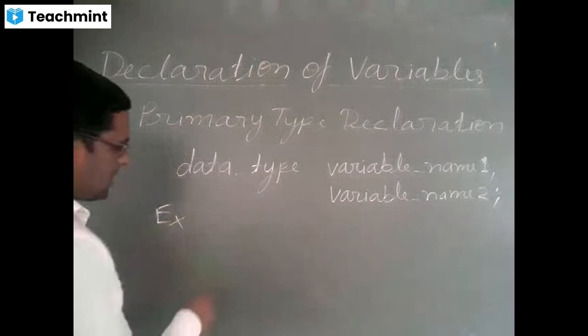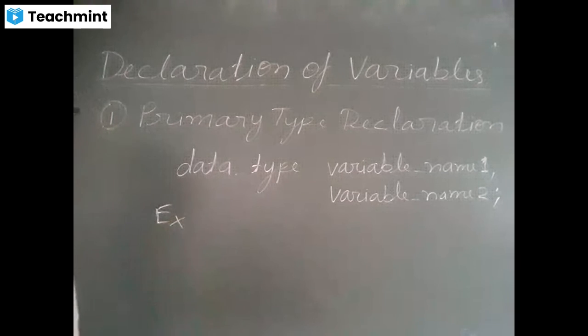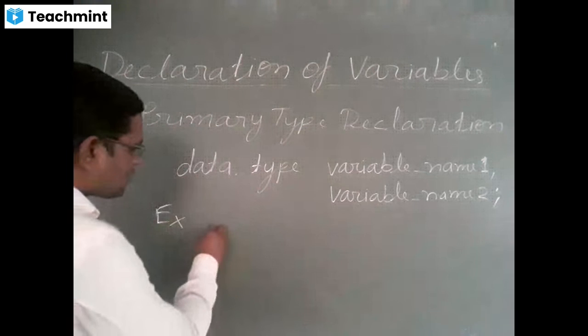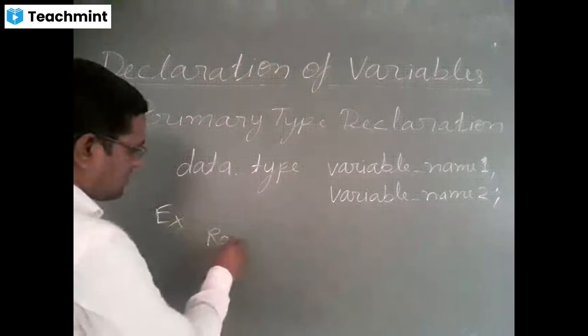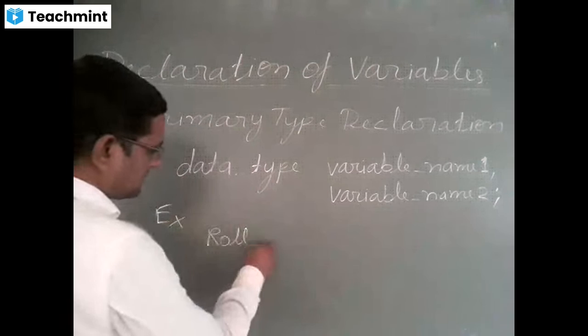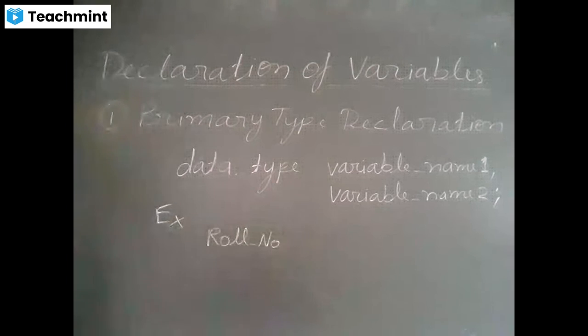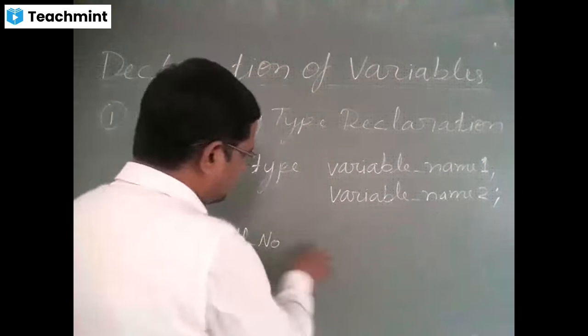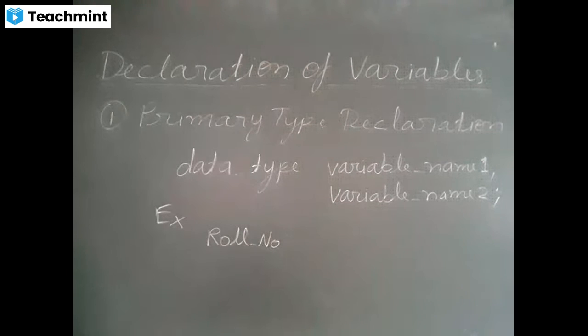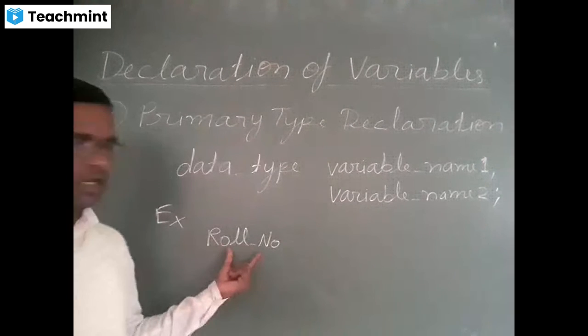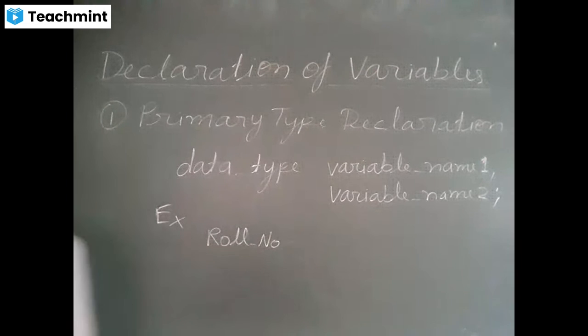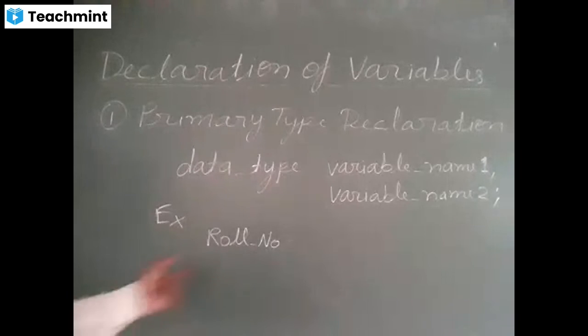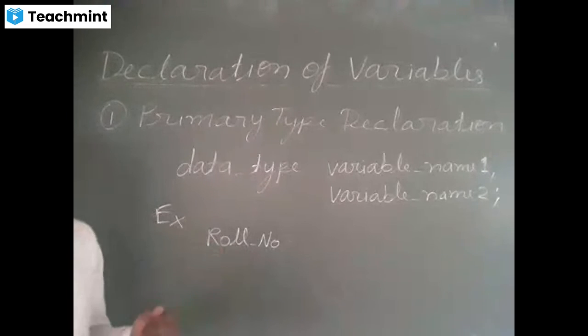we need to declare a variable, the roll number. A roll number is always an integer number, not a float number.